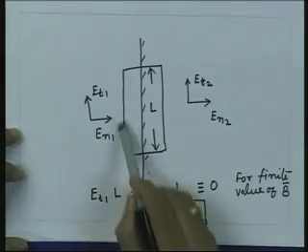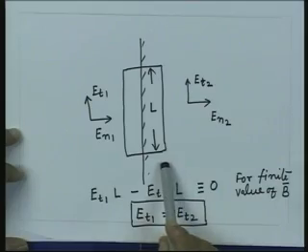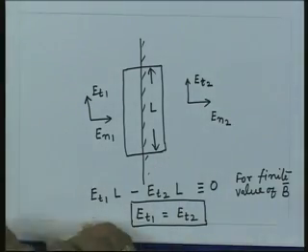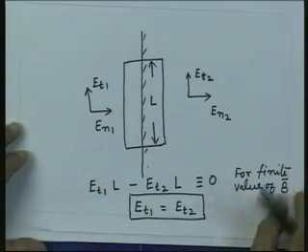So, essentially if I find the line integral, that is, the electromotive force around this loop, that must be equal to the rate of change of the magnetic flux enclosed by this loop. Now, since we are talking about finite magnetic flux densities and also their rate of change, the rate of change of the magnetic flux enclosed by this loop is a finite quantity.